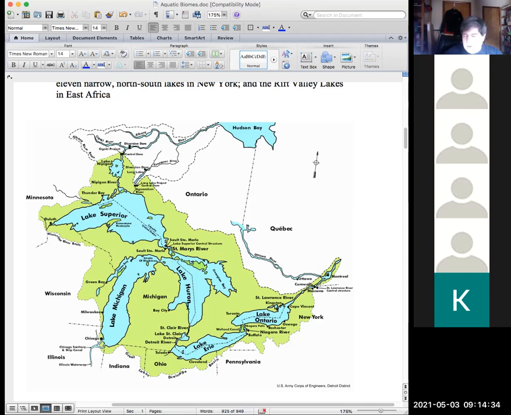And as it scooped out the dirt, it created depressions in the ground. Then when we entered the interglacial period and the glaciers started to retreat and melt, the water that melted from them formed the Great Lakes, as well as these other small bodies of water.